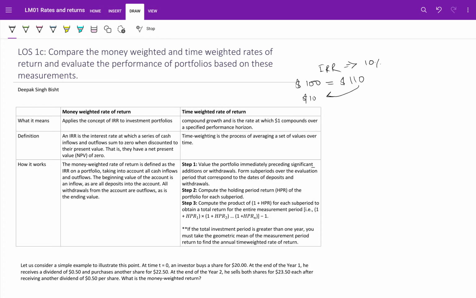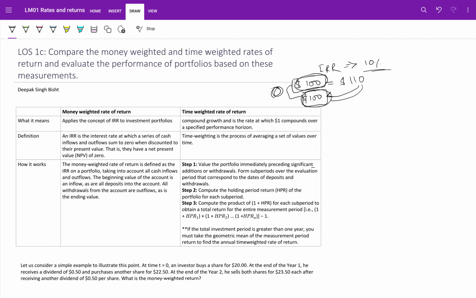So the difference between these two numbers is going to be zero. This is what internal rate of return means: the discount rate that makes the net present value of an investment equal to zero. The net present value of this 100 is equal to the initial cash outflow, so the net present value is actually zero.